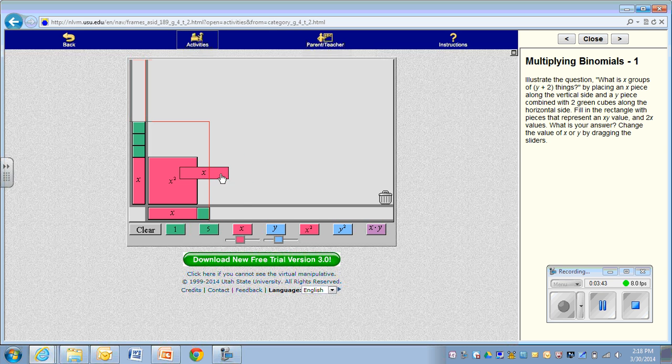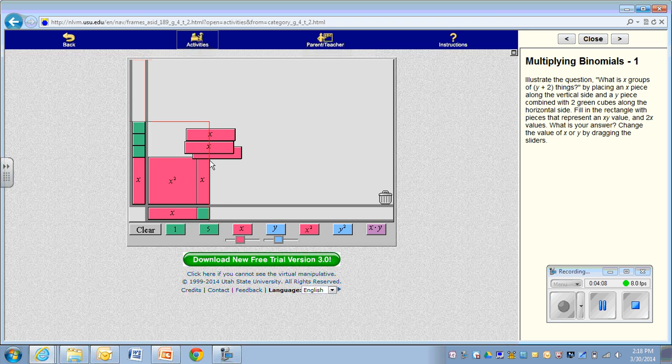Well, this won't fit like that, and it doesn't automatically switch for me. So I have to rotate it by hovering over that corner, get that black circle, and then I can change it. So an x fits there. Okay, now I have this area I still need to fill. So I've got these 3 1s, and I'm multiplying that by x. X times 3.